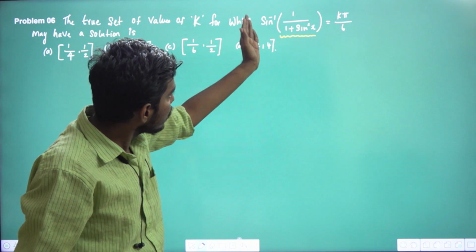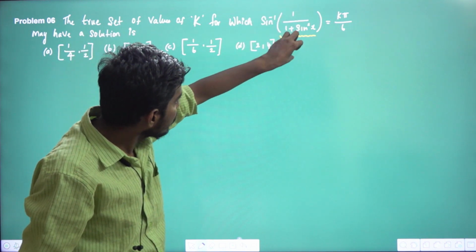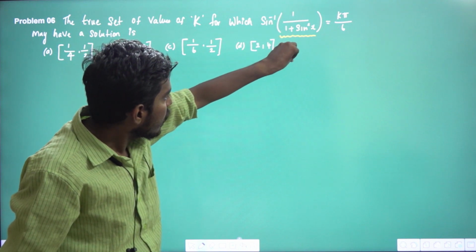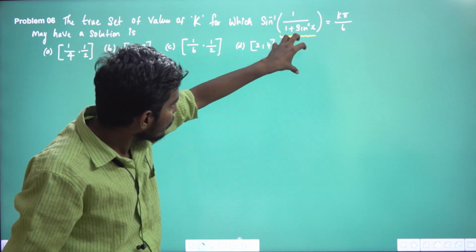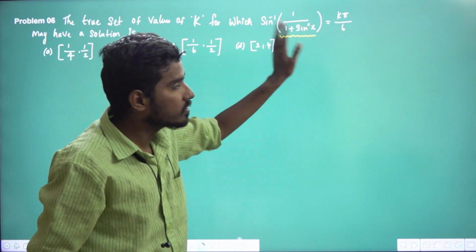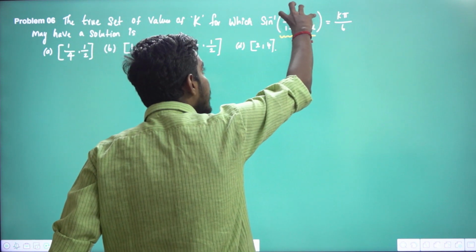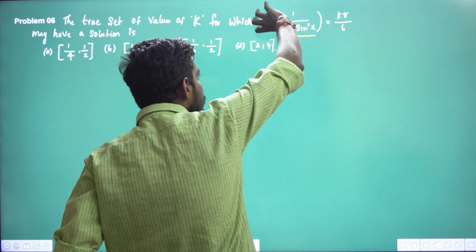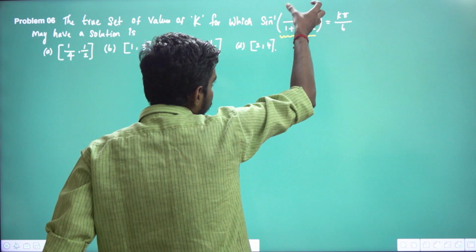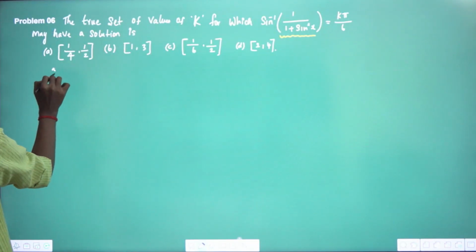The output values of this are the input values of sine inverse. So you just find the range for this. After that you apply sine inverse, then you find for what values of k this will have a solution. So first we will find the range for this function, and for that range we will apply sine inverse.